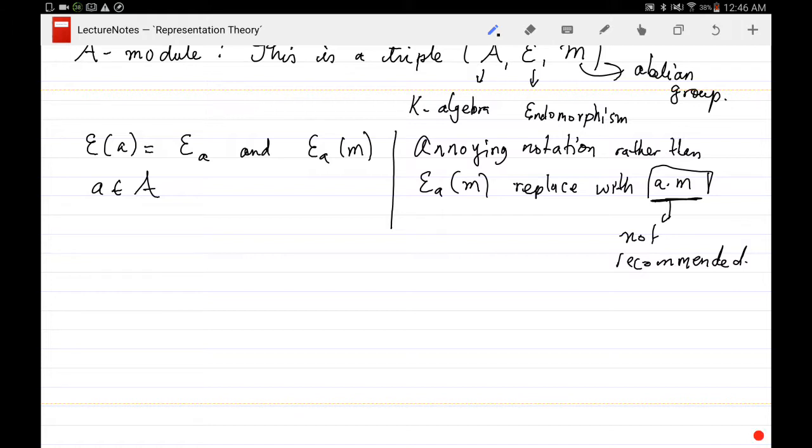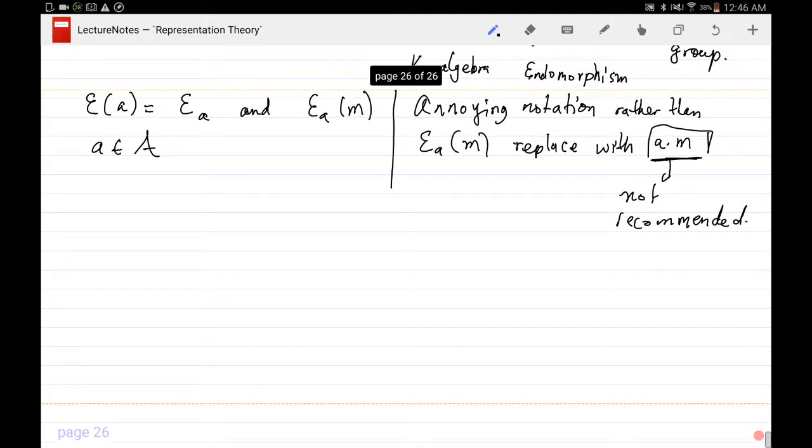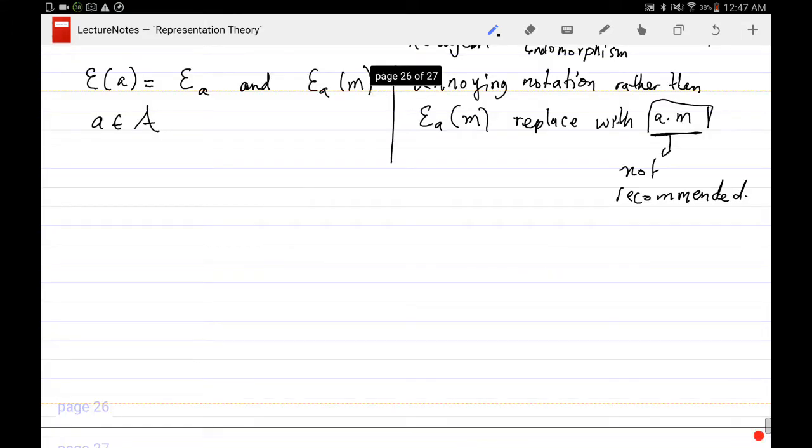We want the idea of the ring homomorphism to be present, because we want the connection to the representation language to be obvious. All right.